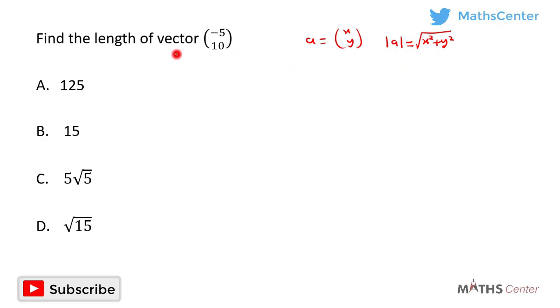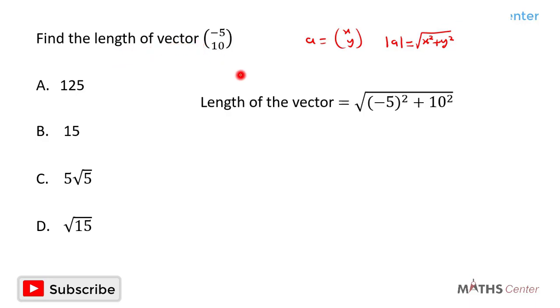So if we apply that here, then the length of this vector, or the magnitude of this vector, is equal to square root of the square of the x component. The x component is negative 5, so negative 5 squared plus the square of the y component. The y component is 10, so 10 squared.